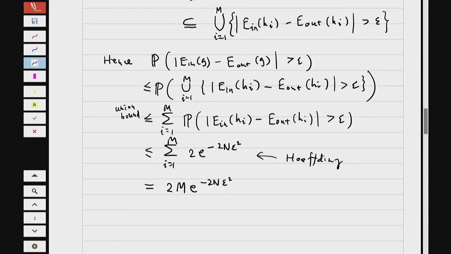What we get at the end is still an upper bound on this error for g. Except that if you compare with the previous one, we have to amplify it by M times, where M is the number of hypotheses in the hypothesis set.